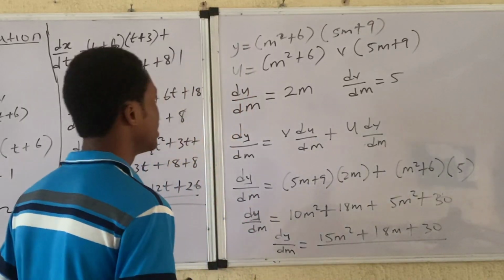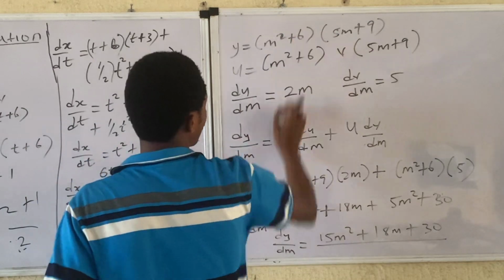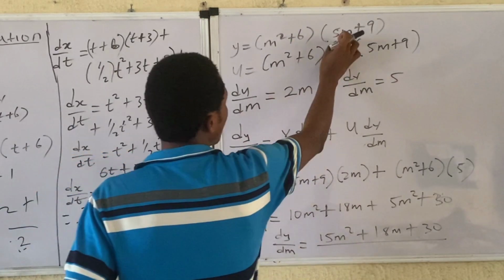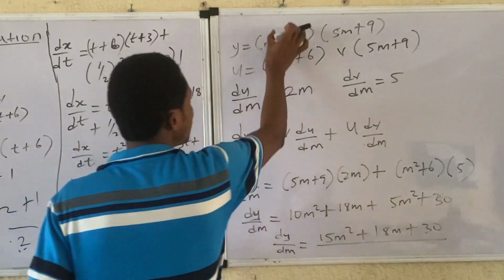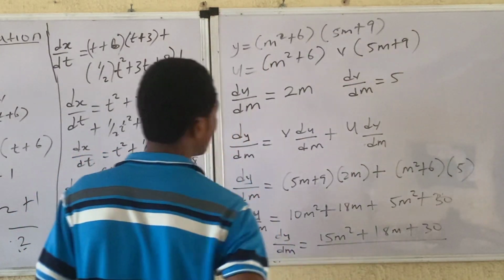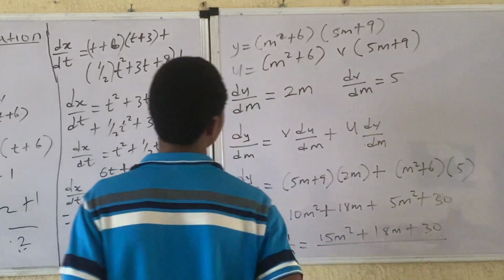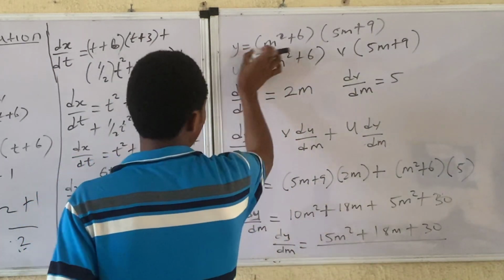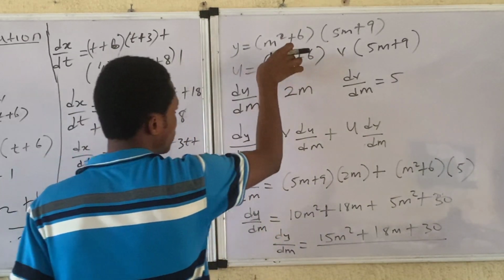We have y equals (m squared plus 6)(5m plus 9). Remember, we take our first bracket as our u and second bracket as our v. Now, remember, it is y with respect to m. Now, this one is u with respect to m.